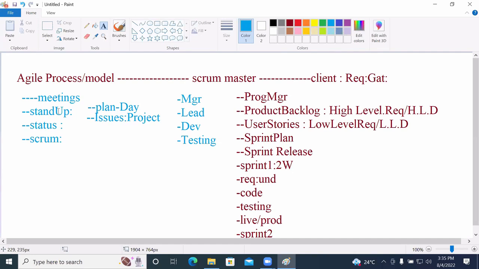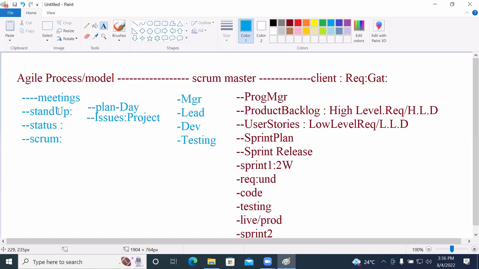As simple as your conclusion: the meaning of a stand-up meeting is a small duration meeting to have a discussion of the plan for the day and issues related to the project.